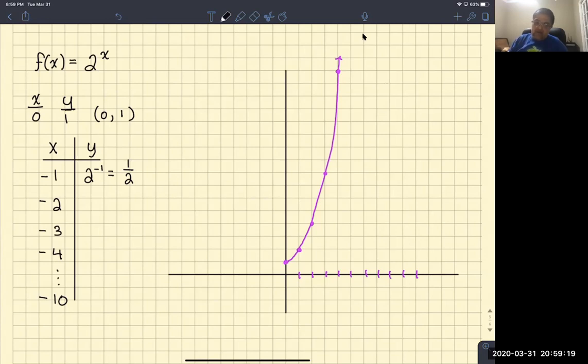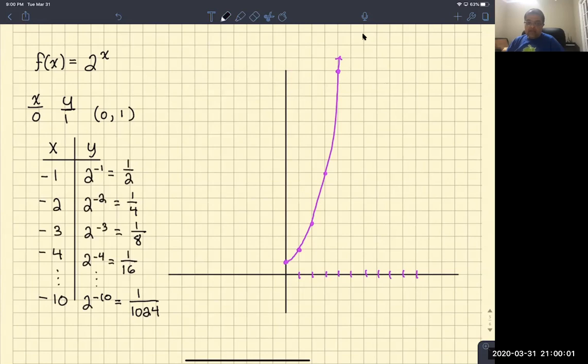So 2 to the -1 is 1/2. 2 to the -2, we take the reciprocal, which is 1/2 squared, or 1/4. 2 to the -3 is 1/2 cubed, which is 1/8. 2 to the -4 is 1/2 to the 4th, which is 1/16. And if we keep doing this, 2 to the -10 is actually 1/2 to the 10, which is 1/1024.